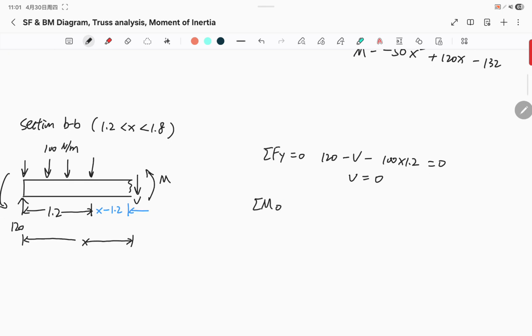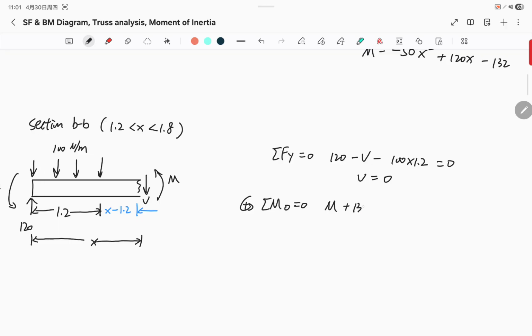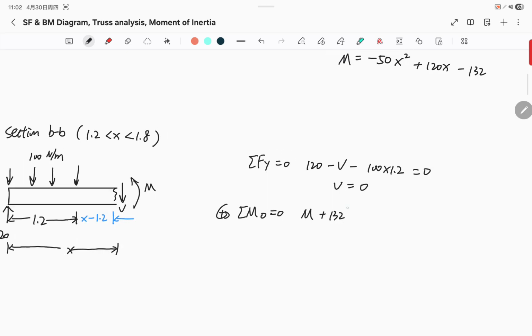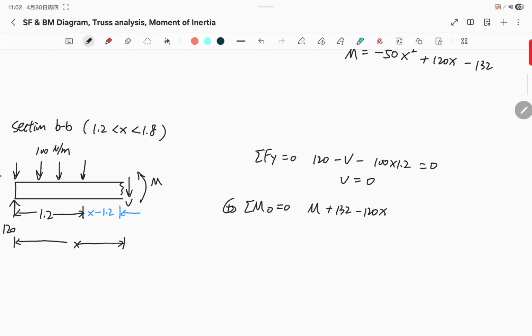And then we take moment at point O, make it equal 0. We have the bending moment. We have the given 132. We have a negative moment created by support. So negative 120x. And then we also have a positive moment created by the load.